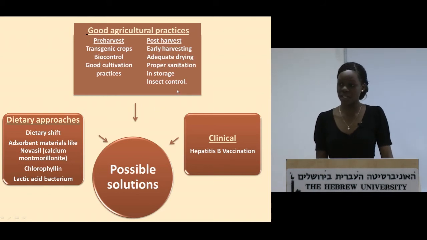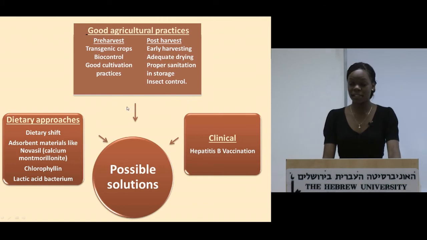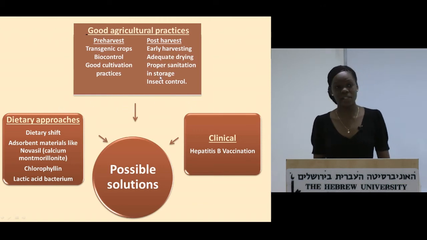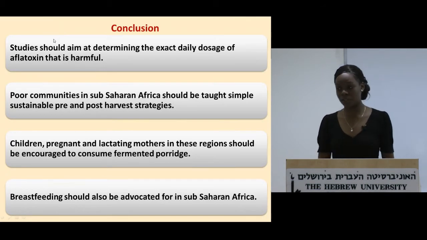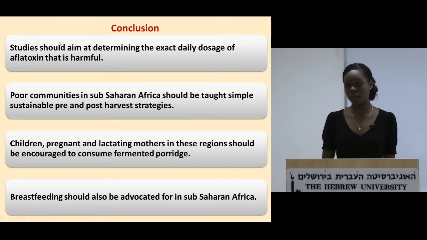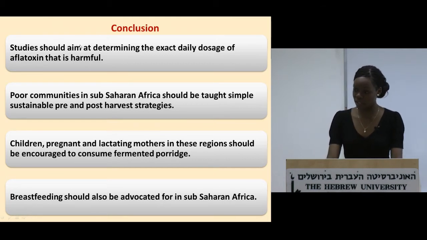To conclude, studies should aim at determining the exact daily dosage of aflatoxin that is harmful. Poor communities in Sub-Saharan Africa should be taught simple, sustainable pre- and post-harvest strategies.